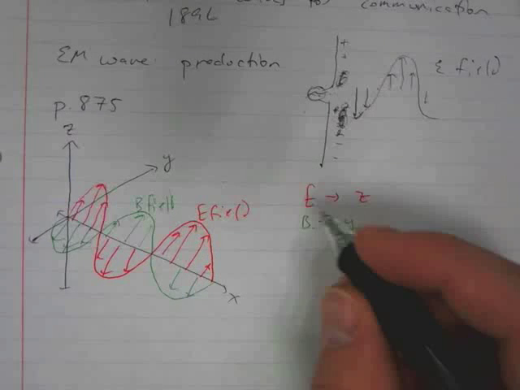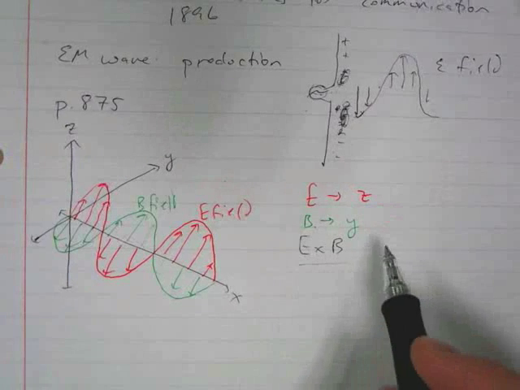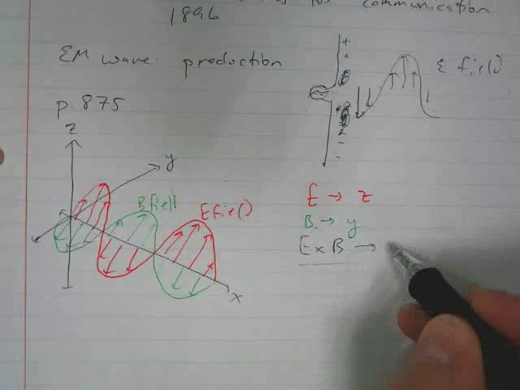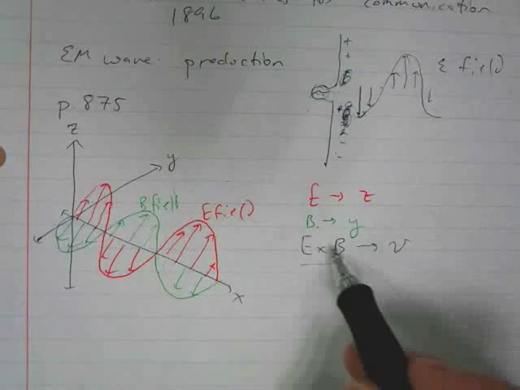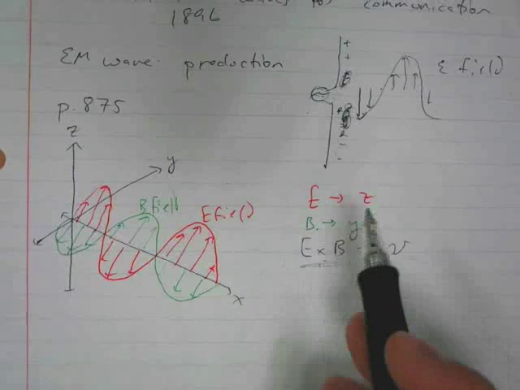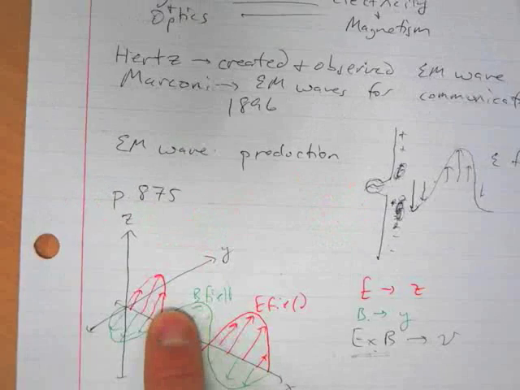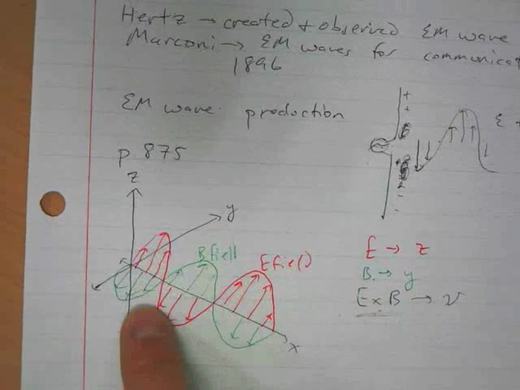If we use our right-hand rule with the electric field and the magnetic field, then we can determine the direction of propagation. The velocity isn't equal to E cross B, but that gives us the direction. So if our electric field is in the z direction and our B field is in the y direction, here our electric field is in the positive z direction and our B field is in this way.